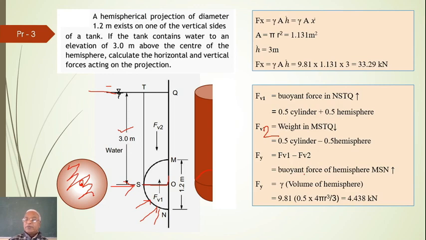It is a buoyant force on a hemisphere MSN, Fy, equal to gamma multiplied by volume of the hemisphere, 0.5 of sphere, 4 by 3 pi r cube. Substitute r equal to 0.6, you will get Fy as 4.438 kilonewtons. The resultant will be of Fx and Fy.